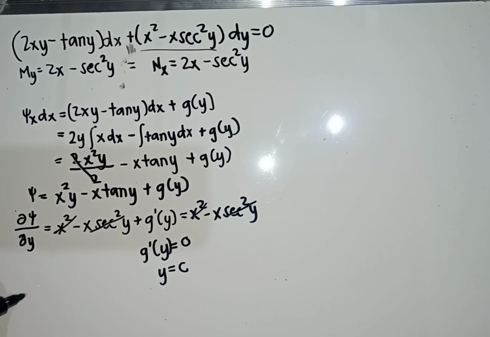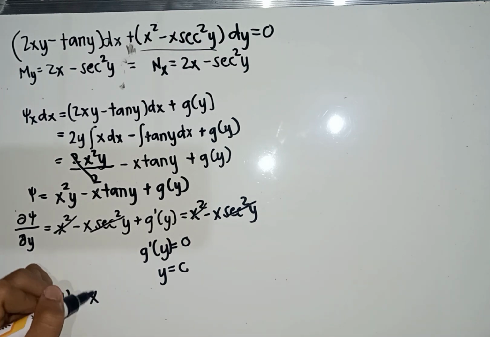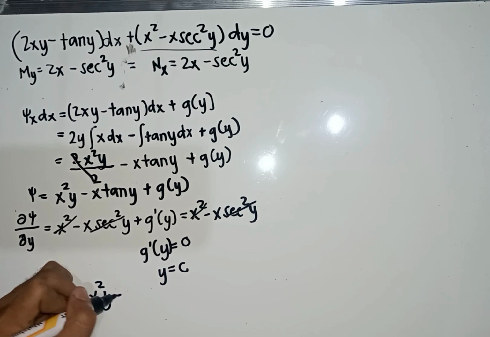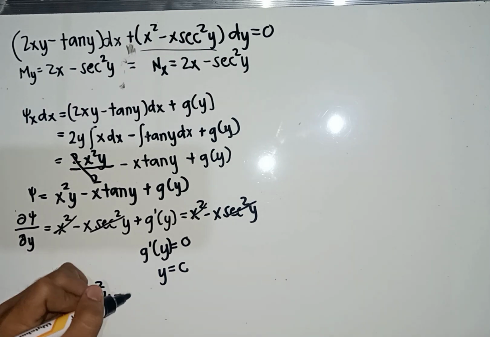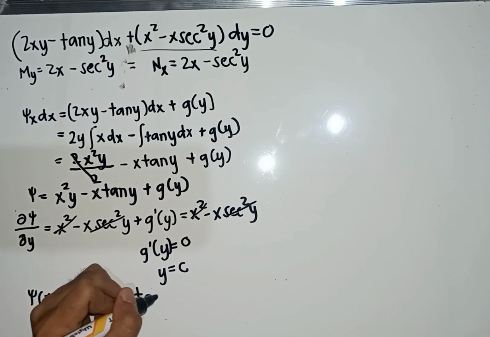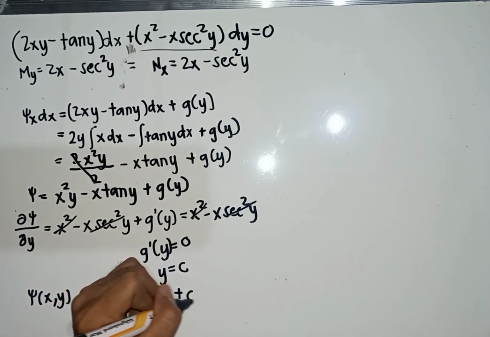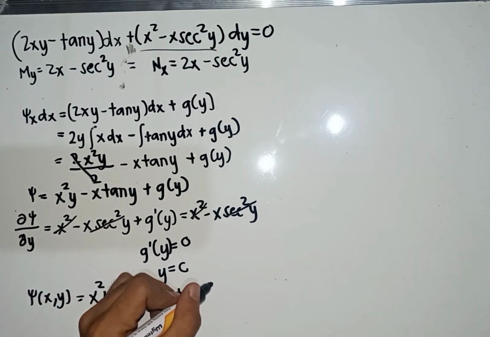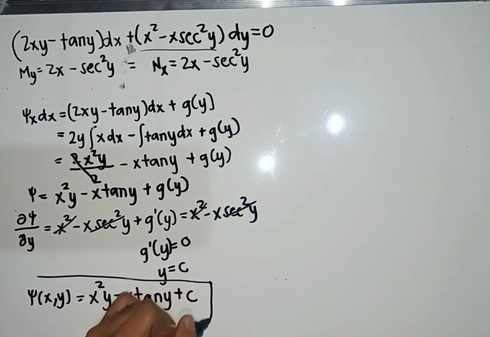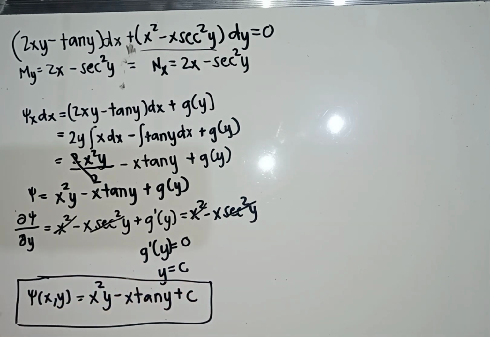So psi of x and y is equal to x squared y minus x tangent y plus c. This would be our general solution for this exact differential equation.